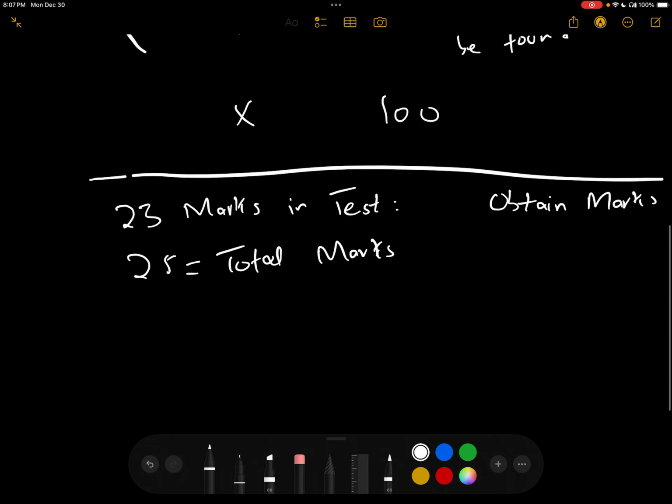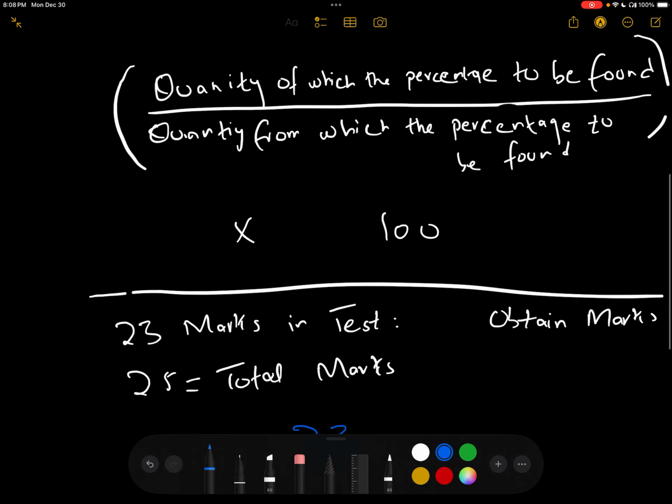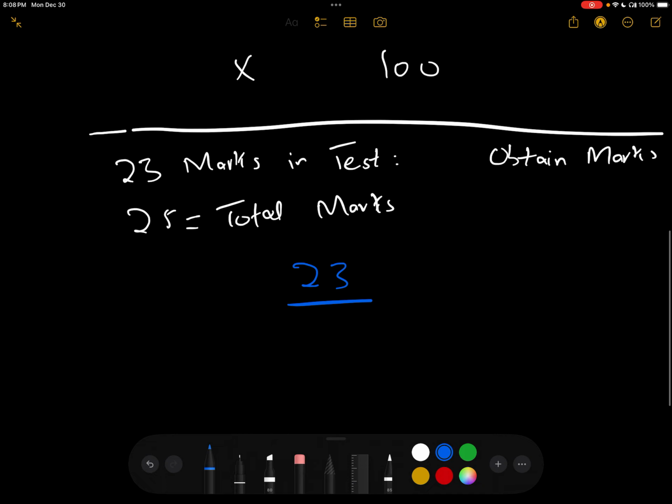So I will put 23 in the numerator, and in the denominator it says the quantity from which the percentage has to be found. So in the denominator, I will place the quantity from which the 23 has come, and that is 25.